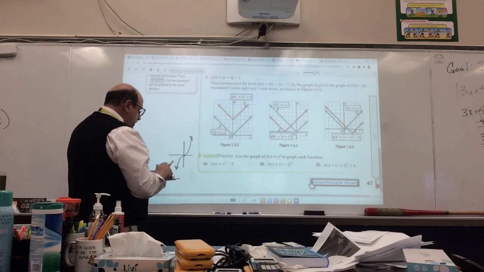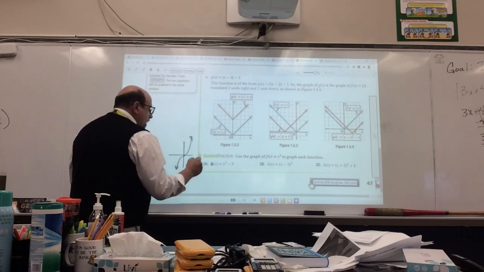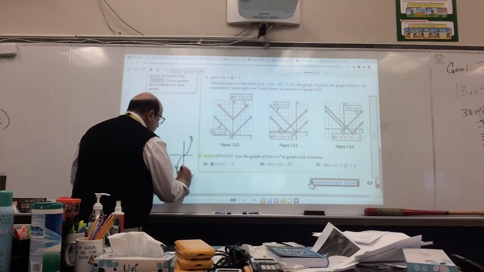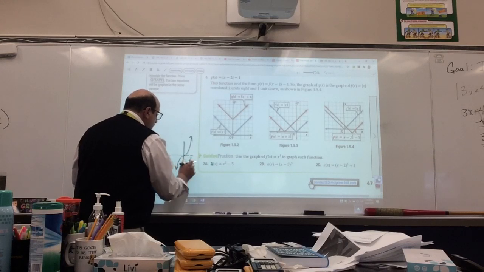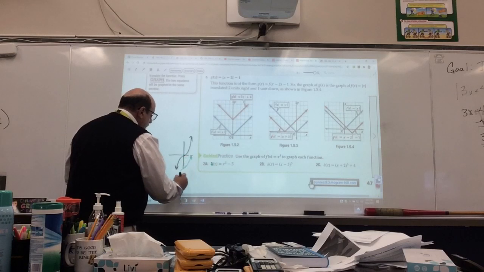And this new one, this h of x, I'm going to highlight it in green, and we're just going to shift down 5 spaces, create a vertex there, and then create the same function. And while I may not draw perfectly, hopefully I can make it run parallel to the function that I have there already.